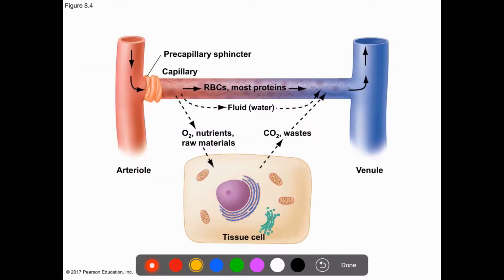And this is how it works. This is the precapillary sphincter, which controls the blood flow. Oxygen, nutrients, raw materials will be absorbed by the cells. Cells also will deposit CO2 waste into the veins, and the veins would carry it back to the heart.